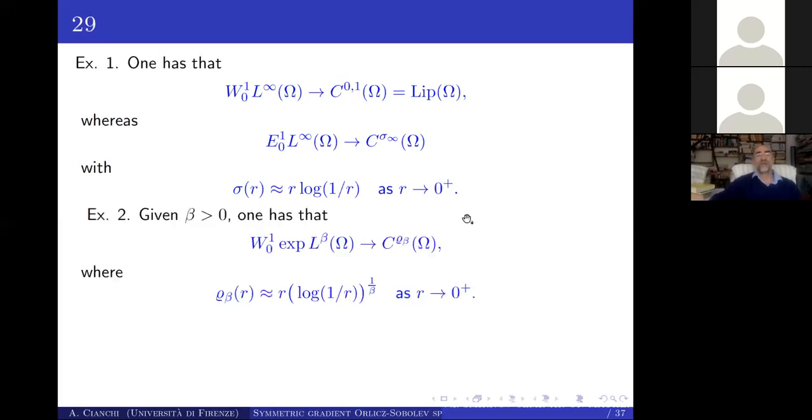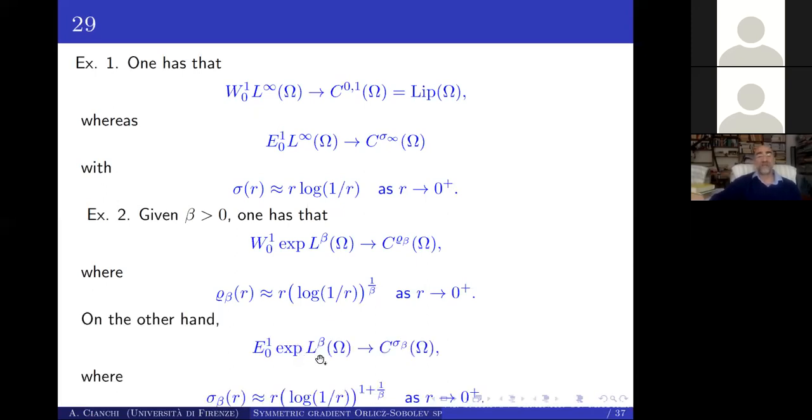A similar situation is when we start with the full gradient in an exponential space, exponential with power beta. The target here is similar, still R with a perturbation of logarithmic type, with 1 over beta the exponent.